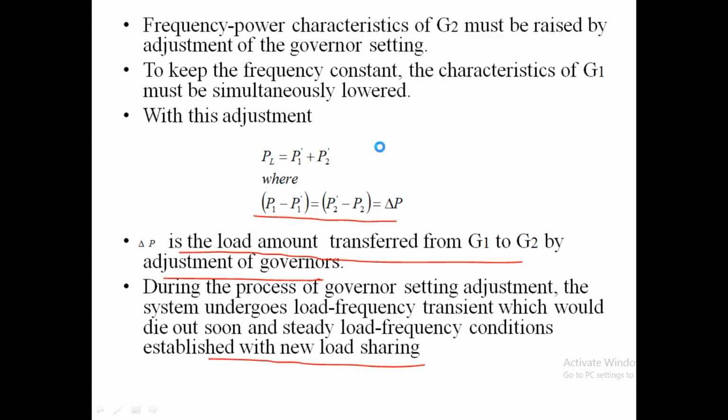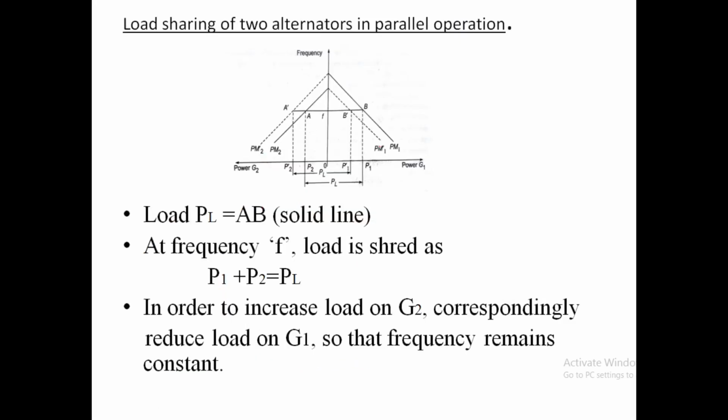If a question is asked, like explain how the load is shared between two alternators in parallel, whenever there is a requirement of increasing the load on one generator, then correspondingly reduce the load on G1. Then we can keep the frequency constant.